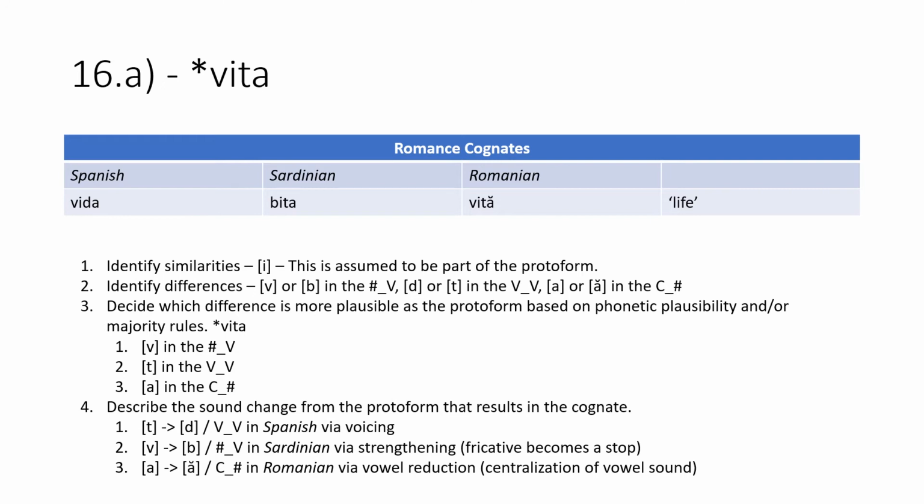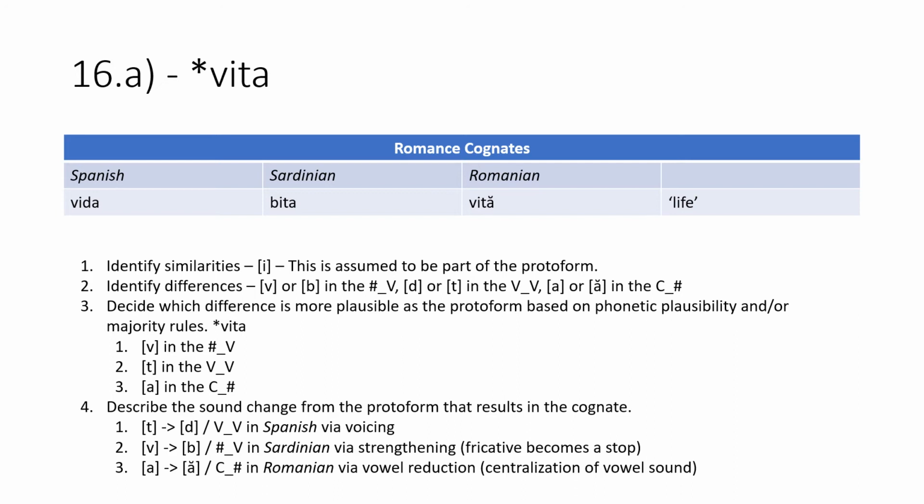So we know that the T is more likely to be there than the D based on our data sample. But in this case, we would say that it is more likely to not have a voiced consonant between 2 vowels. We don't have enough data here to demonstrate that.